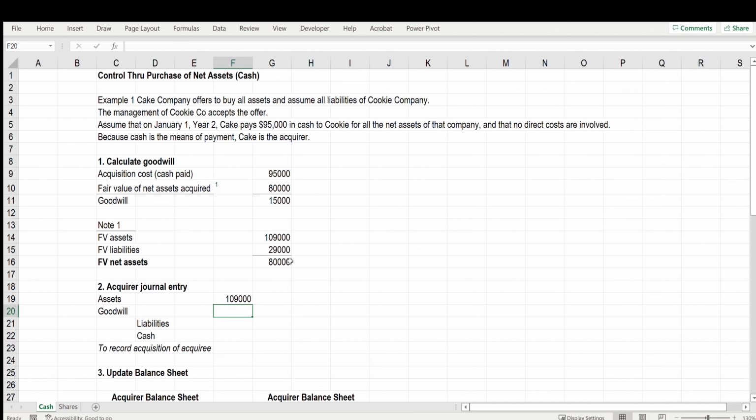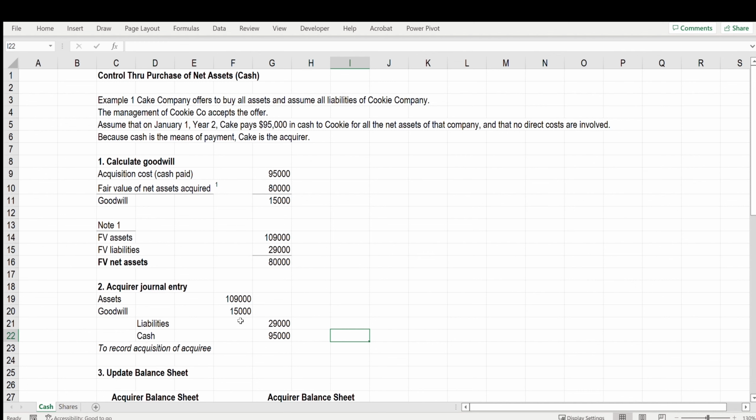We also debit goodwill, the $15,000 that we calculated. Our liabilities are credited in the amount of the fair value of the liabilities of Cookie Company. And cash goes down in the amount of what we paid, $95,000. We'll see that this balances: $124,000 is debited and $124,000 in total is credited.